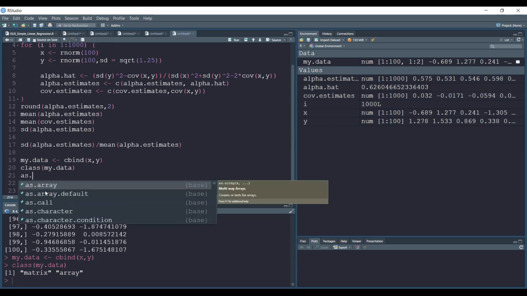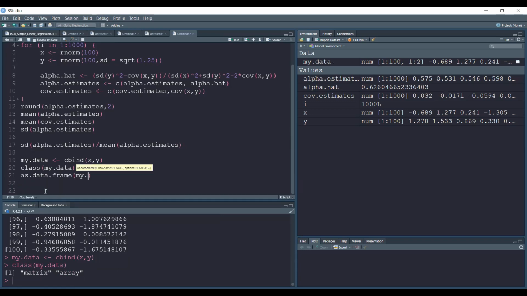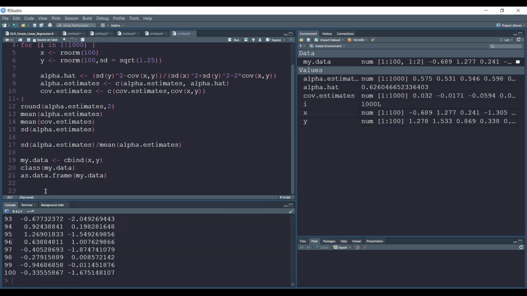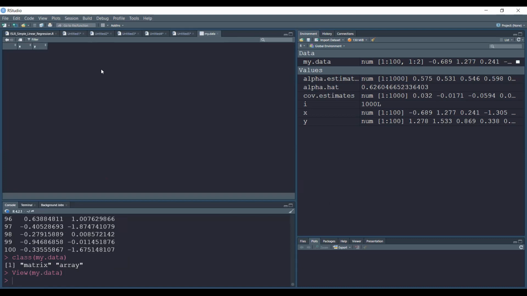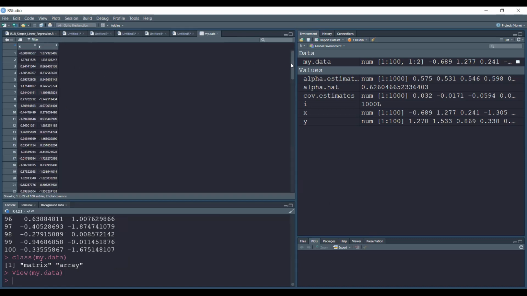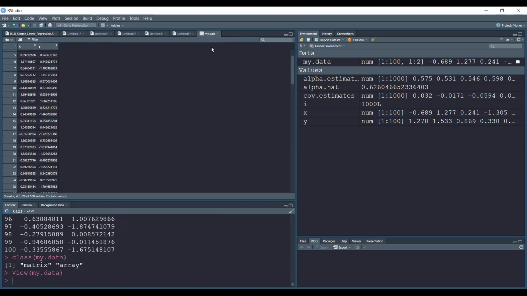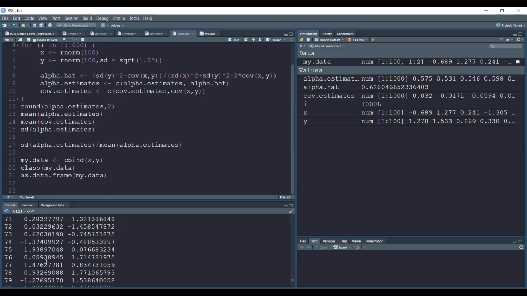Now can we tell it as.data.frame and give it my data? Okay, now that works. So now if we do class my data, it still tells you matrix array. So we have this data over here. You can even see it. That text is quite small, but you can see it over here.